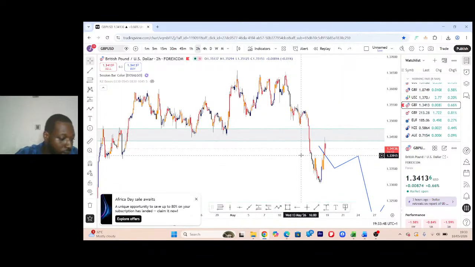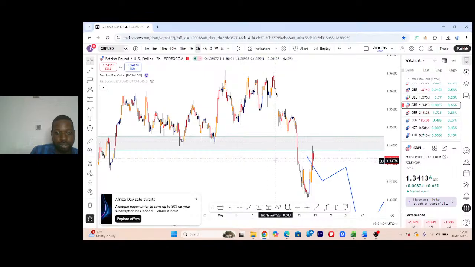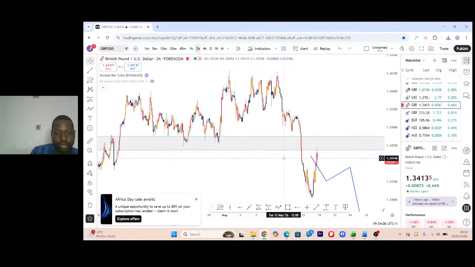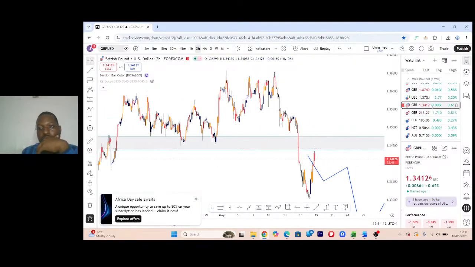So if you are trading GBPUSD, just focus on sales. That's the major thing right now. So don't even bother saying you want to buy. Price actually comes here, then finally goes down. Alright, so that's it with that.